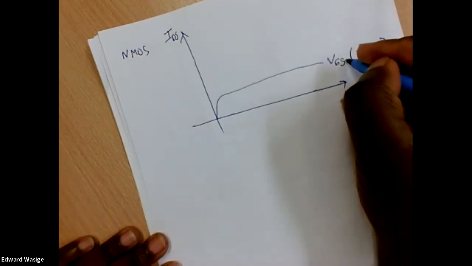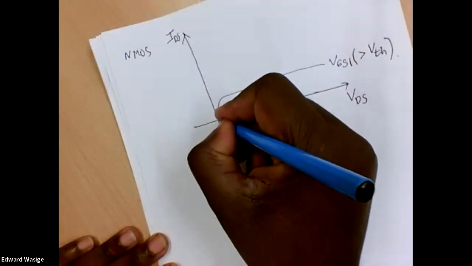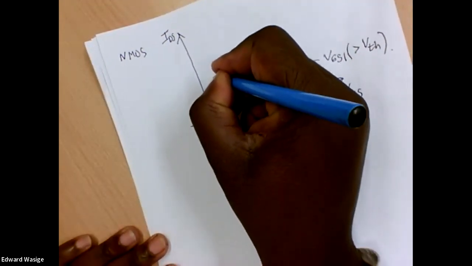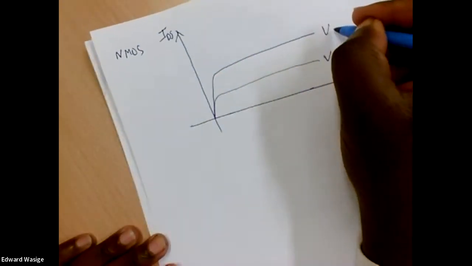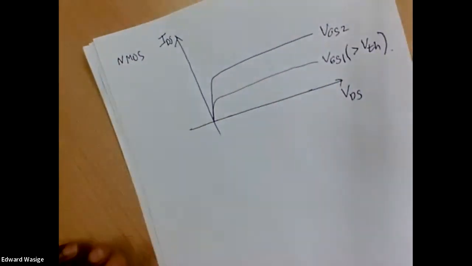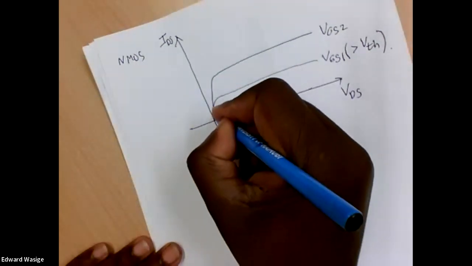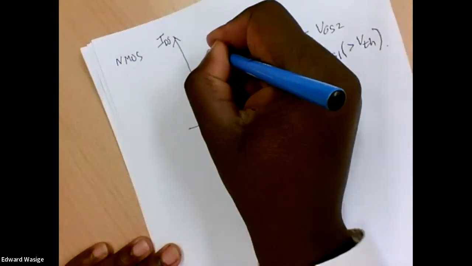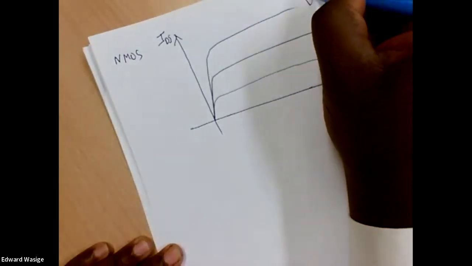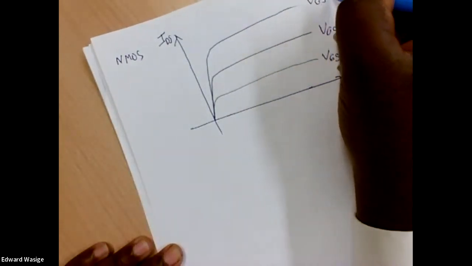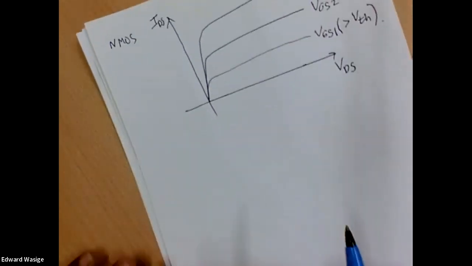So if the gate source voltage is higher than this voltage, then we have a current flowing. We can call this VGS1. And if VGS2, if we increase the gate voltage, even higher currents can flow. And if we increase that even higher, then even higher currents can flow.